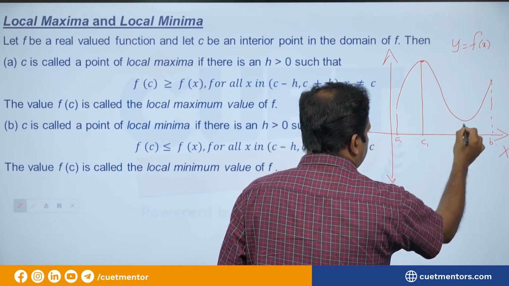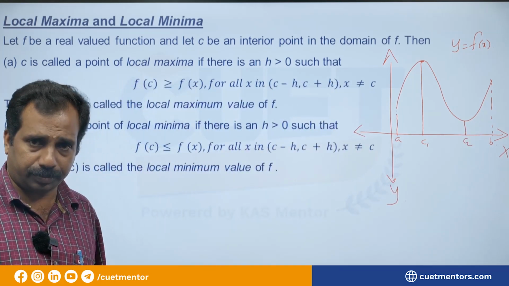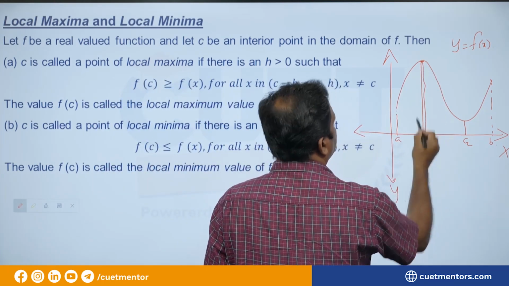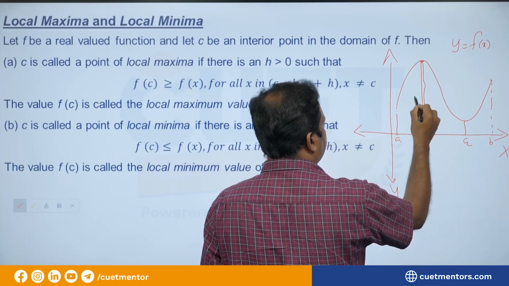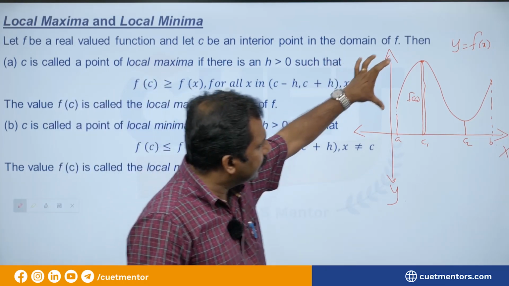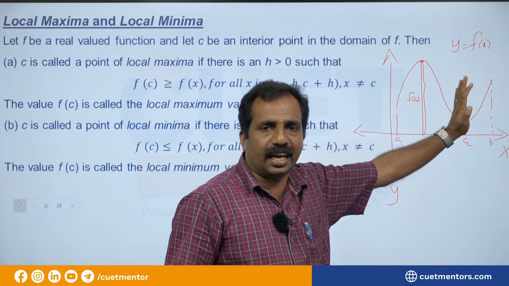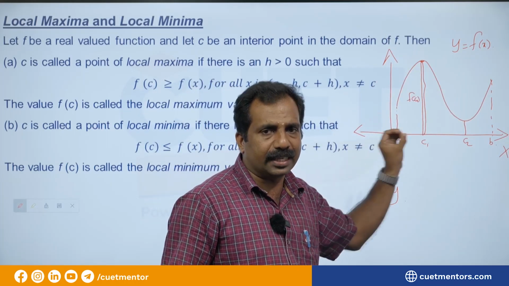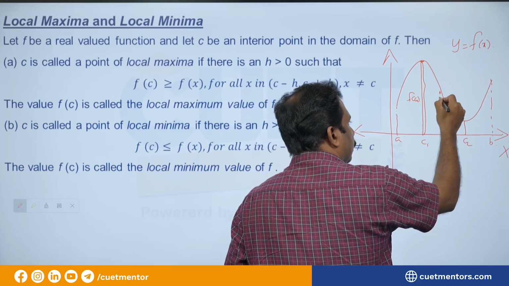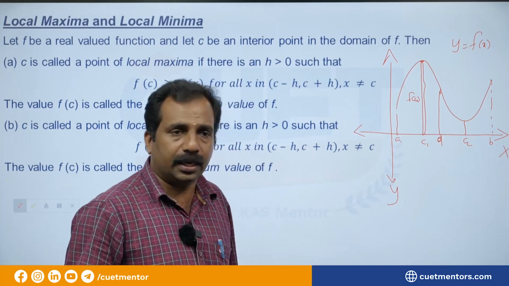And this point is c2. What about f of c1? f of c1 is the height of this curve. We can see that the value of f of c1 is always greater than any other value in its domain. If we consider a point d here, then f of d is this one.